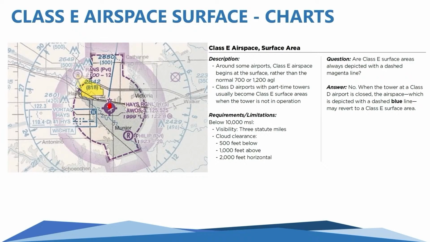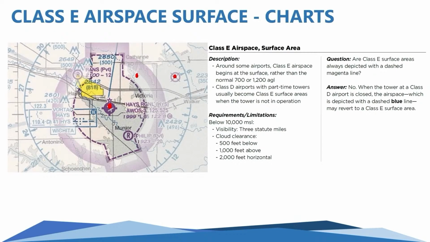If I am standing right here, you'll notice that I'm outside of the dashed line, but I'm inside of the shade. That means that Class Echo is going to start at 700 feet AGL and go up to, but not including, 18,000 feet. If I was standing right here at this abandoned airport, that's the circle with the X there, then that means that Class Echo starts at 1,200 feet AGL and goes up to, but does not include, 18,000 feet.